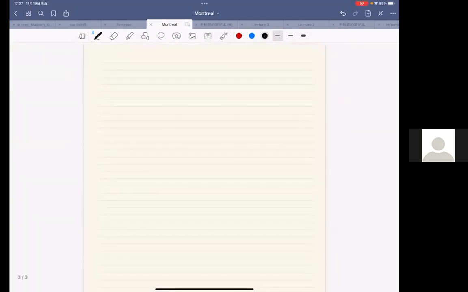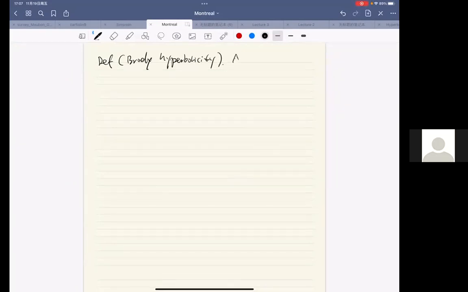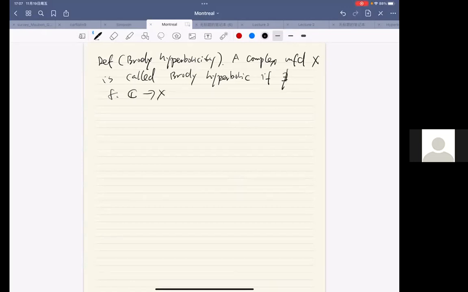Okay, so for the generalization of the little Picard theorem to higher dimensions, there is a definition which is called Brody hyperbolicity. The definition is easy. A complex manifold X is called Brody hyperbolic if there exists no non-constant holomorphic map from C to X, just like the little Picard theorem.